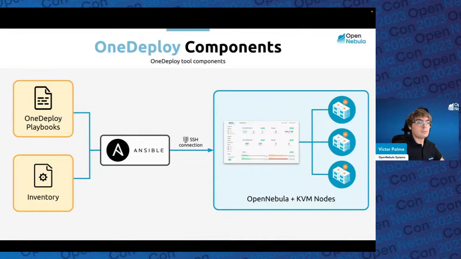So in this file will be where we will modify these values that OneDeploy will use to deploy OpenNebula. Once our playbook and inventory are configured, the only requirement is to be able to access via SSH to the host we are going to configure. So once the process is finished, we will have an OpenNebula installation ready to use.